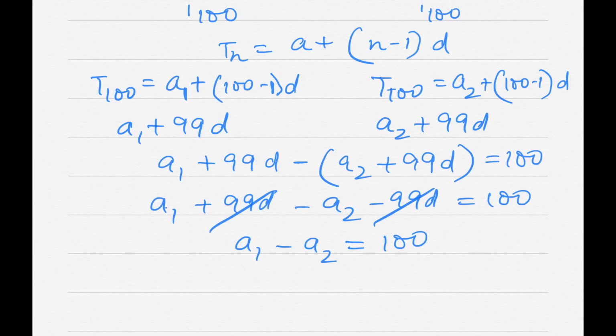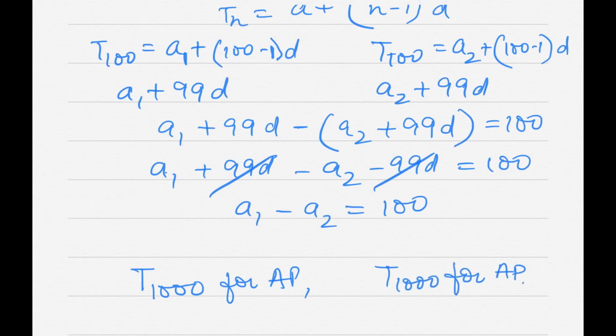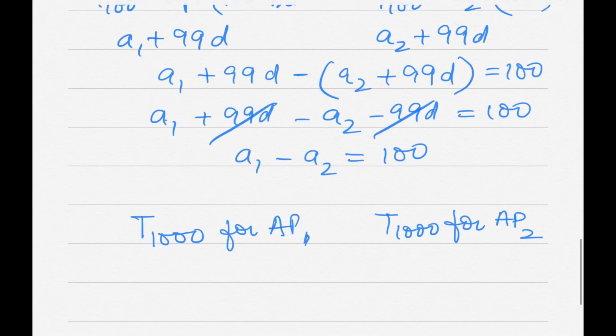Okay, now difference between 1000th terms I have to find out. Okay, so 1000th terms, let me see. So suppose if I find out T1000 of first AP, right? For AP1, and T1000 for AP2. There are two APs, right?